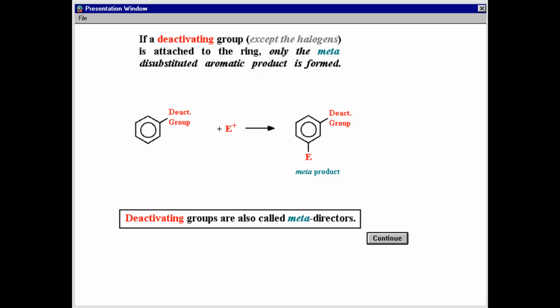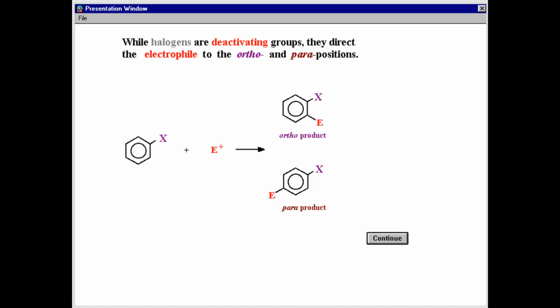Well, guess what? When we have a deactivated group and add the electrophile, we get very little ortho and para product. We get mostly meta. And so the deactivating group is called a meta director because it directs meta to the deactivating group. So this is why we have to know our ortho, para, meta. Okay.